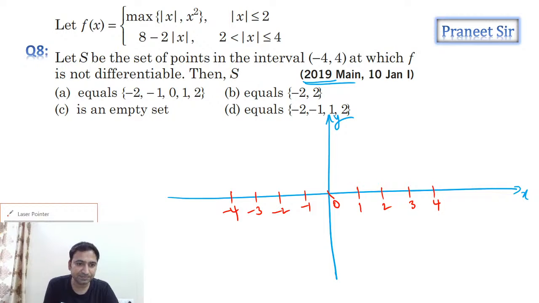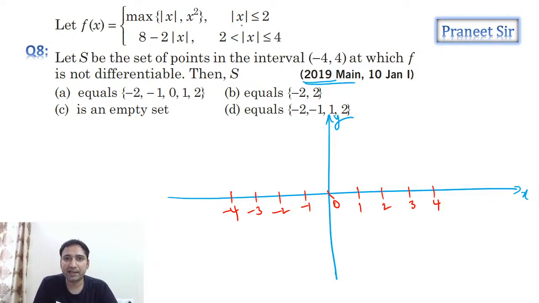So 0 to 2, we'll take it first. For 0 to 2, which one is bigger, mod x or x square? See, from 0 to 1, mod x is bigger or x square is bigger?